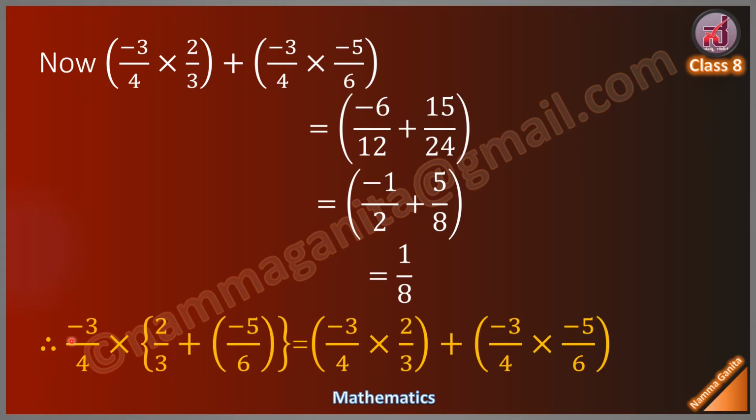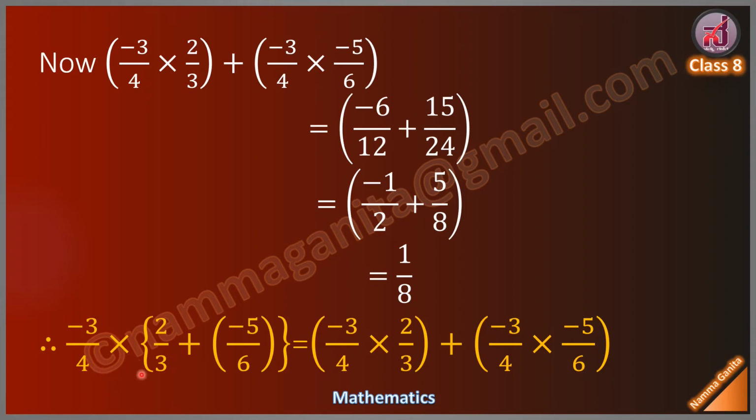Therefore, minus 3 upon 4 into, in the bracket, 2 upon 3 plus, in the bracket, minus 5 upon 6 is the same as, in the bracket, minus 3 upon 4 into 2 upon 3 plus, in the bracket, minus 3 upon 4 into minus 5 upon 6.